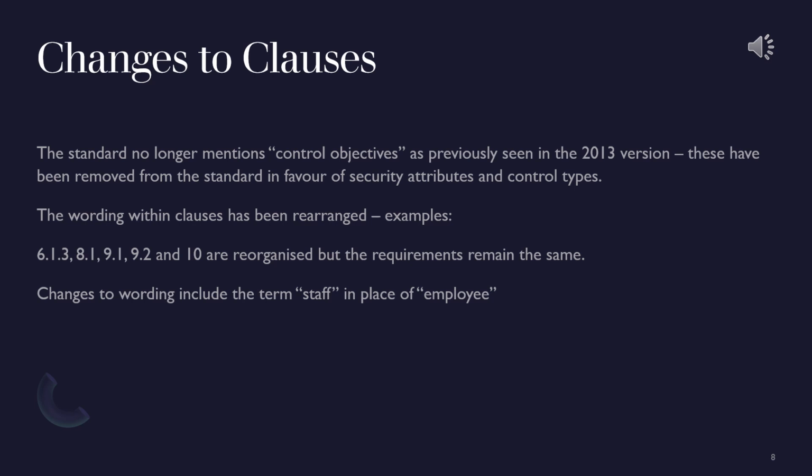It now requires you to determine the frequency in which ISMS objectives will be monitored and available as documented information. These are subclauses D and G, which have been added to clause 6.2. Interestingly, clauses 6.1.3, 8.1, 9.1, 9.2, 10.1 and 10.2 have been reorganised, but the requirements remain the same.